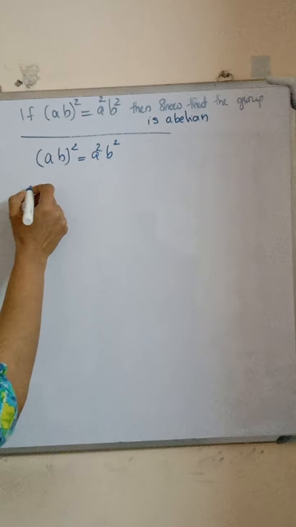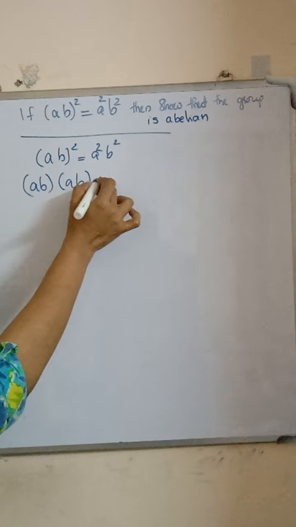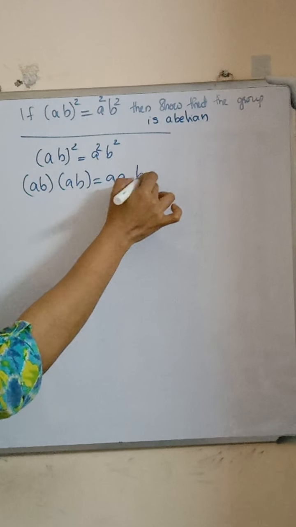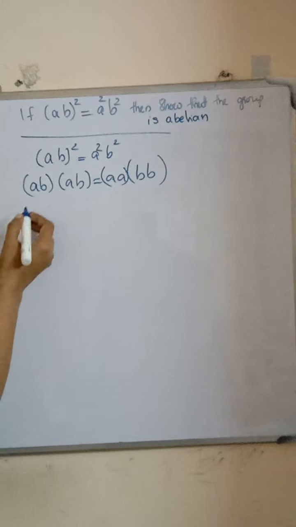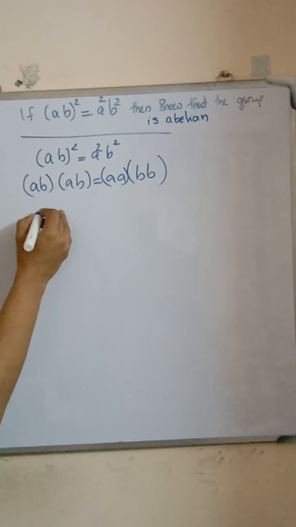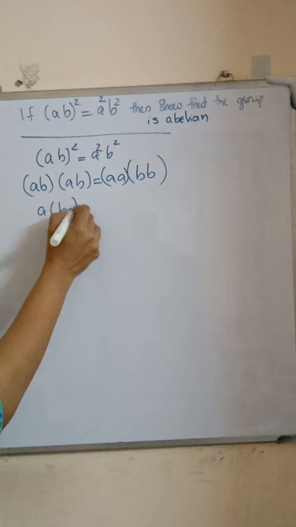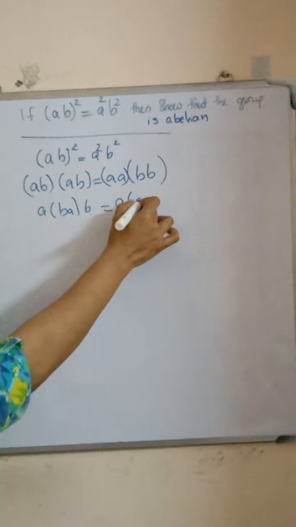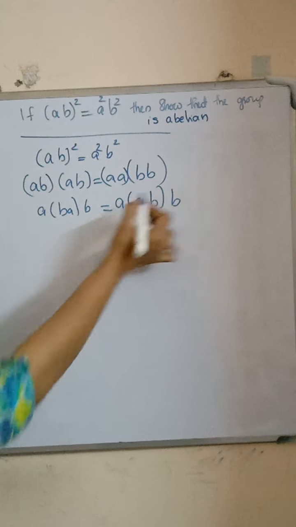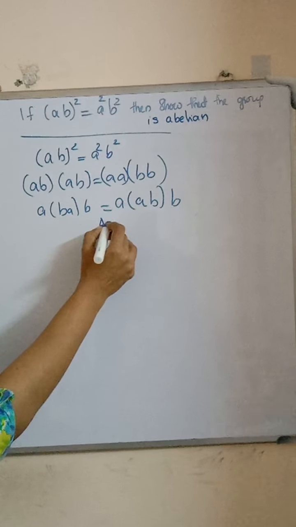We know that (AB) whole square is AB into AB, which equals A into A into B into B. By associative law, we can write it as A into BA into B equals, here also using associative law, A into AB into B.